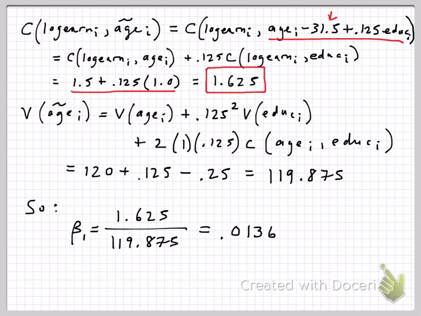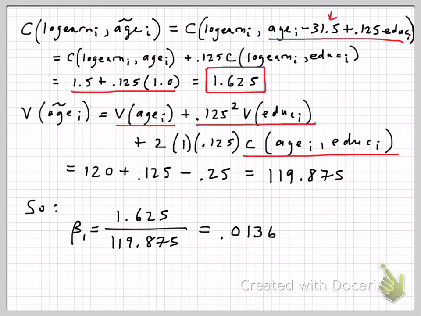The denominator is the variance of the residual from the first stage auxiliary regression. We use the rules of variance, and you have to bear in mind that the variance of this sum, which is the residual, is going to be the variance of age plus the coefficient squared on the variance of education. And then we have to bear in mind that a variance can also depend on the covariance of the two variables, and in this case they do covary, so we've got to use that formula.